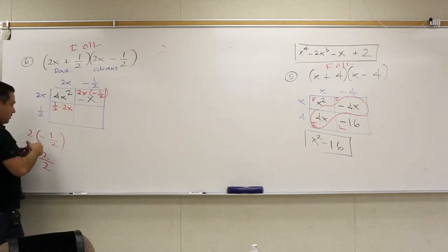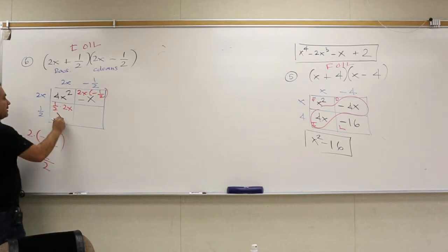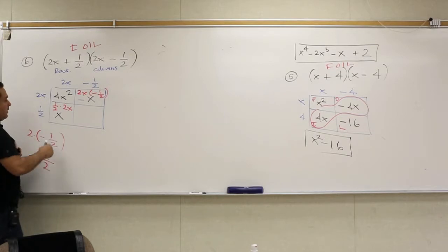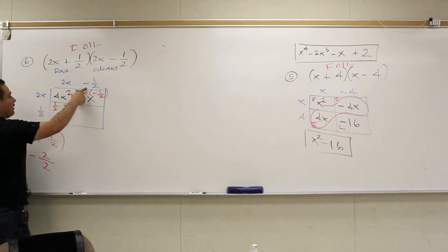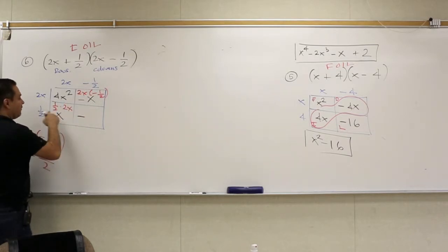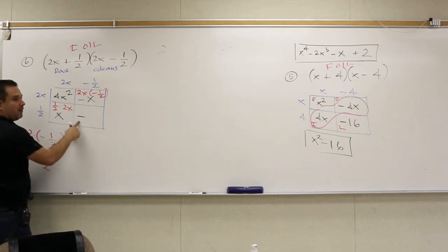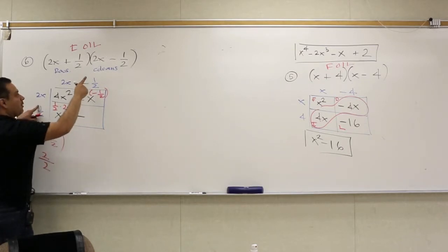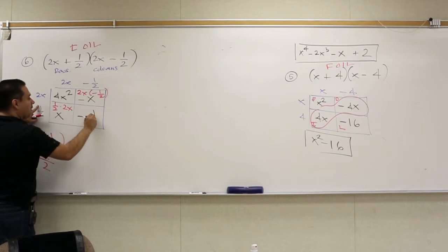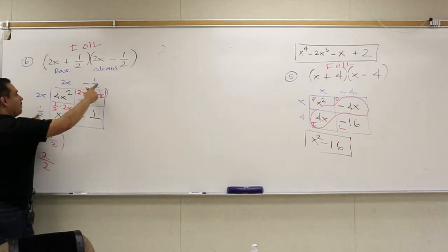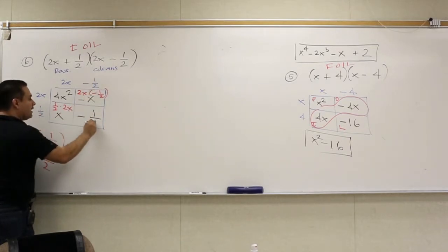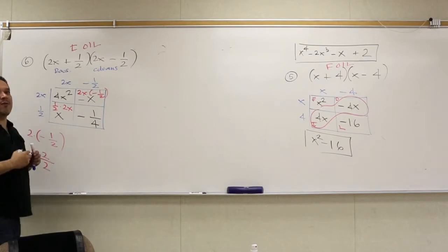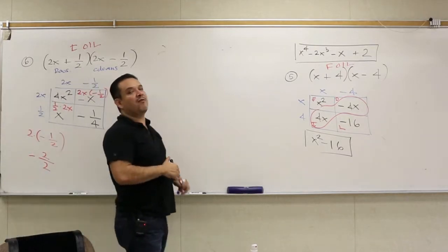What's 1 times 2, divided by 2? So it's 1x. And then what's 1/2 times negative 1/2? Positive times negative is negative. 1 times 1 is 1. 2 times 2 is 4. It's negative 1/4.